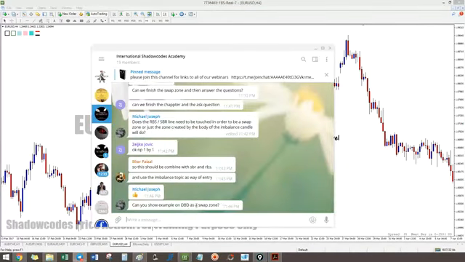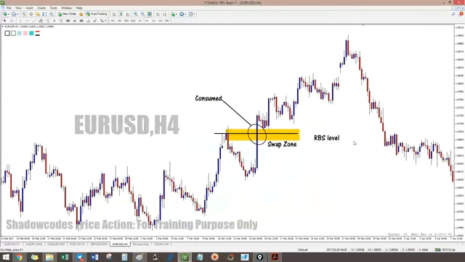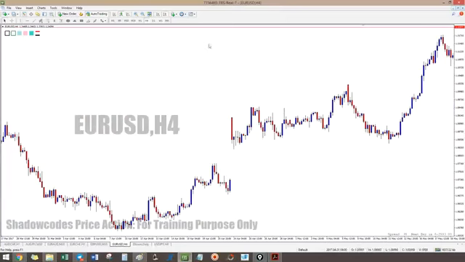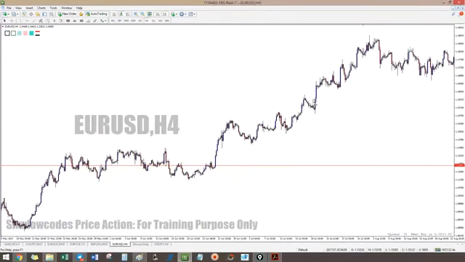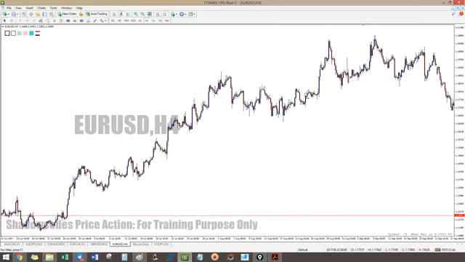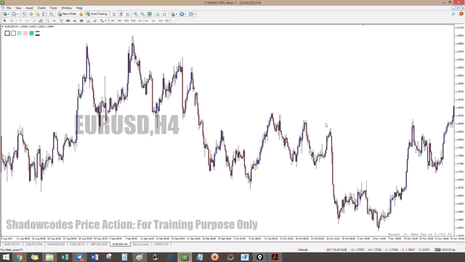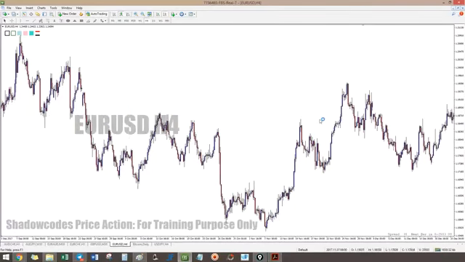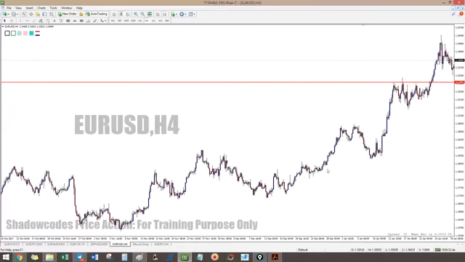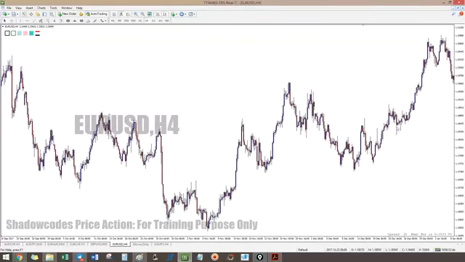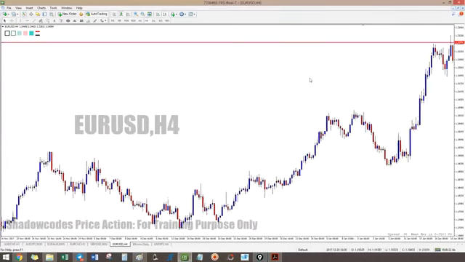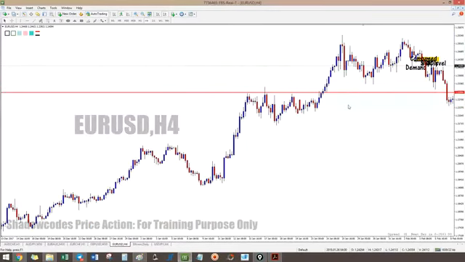Can you show an example of drop base drop as a swap zone? Drop base drop as a swap zone. Let me check. Nope. Where is it? I saw it earlier.